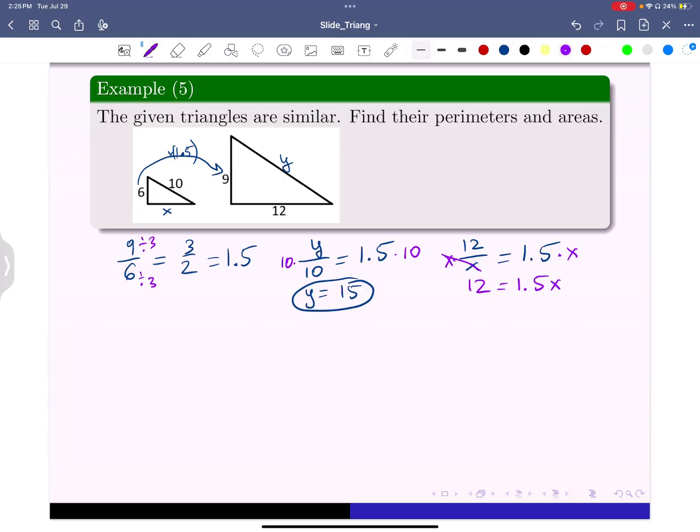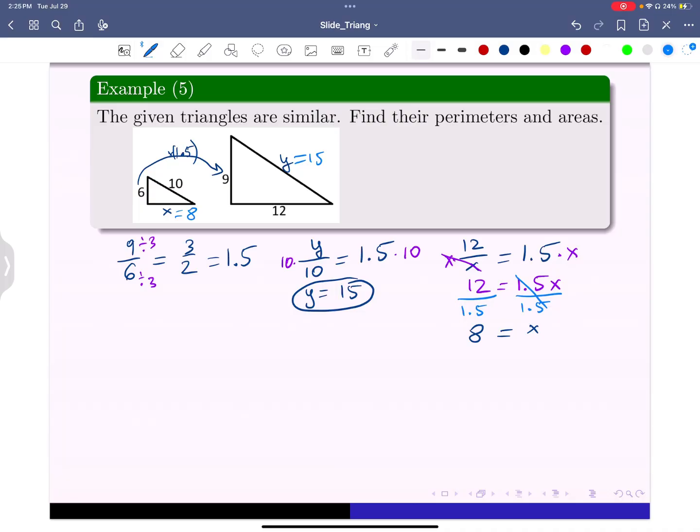And then we would need to divide by 1.5. So my x is equal to 8. Okay, so my y is equal to 15, my x is equal to 8.